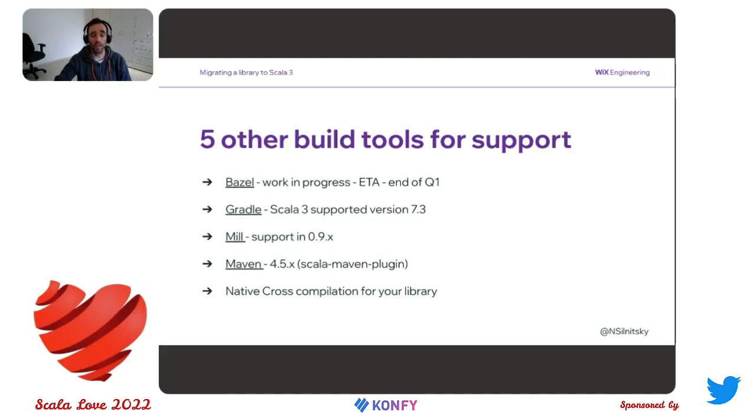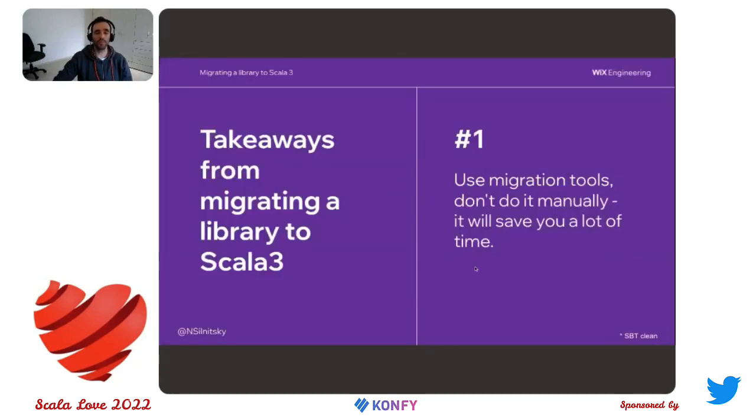You may need to upgrade to a certain version in order to get support, and the Scala Maven plugin and things like that. And all of these have some support for cross-compilation of your libraries for 2.13 and Scala 3, but you will need to verify it by yourself. I didn't actually check it yet for Greyhound.